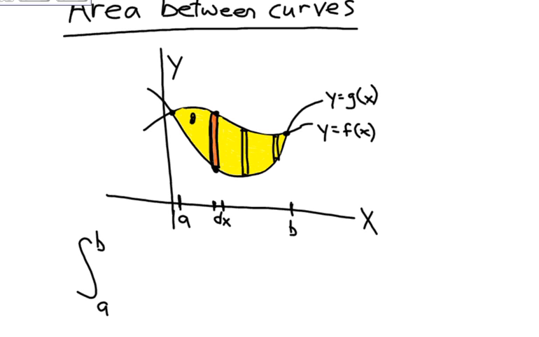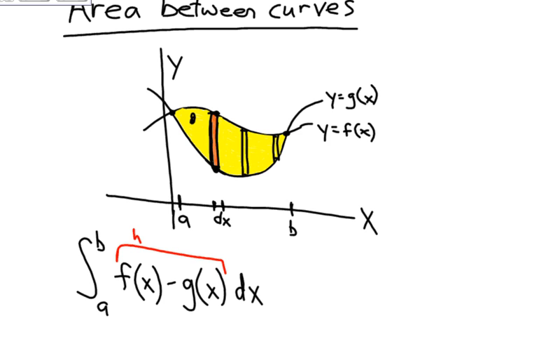And then for each rectangle, we could find the height of the rectangle by taking the top of it, which would be the top curve, minus the bottom curve. And so if we set up this little equation over here, what this is saying is that if we subtract f of x minus g of x, that's like the height of a little imaginary rectangle, and dx can represent the width of it.